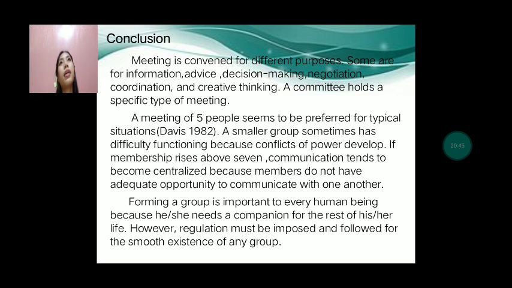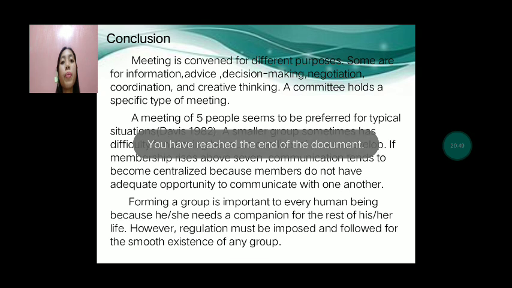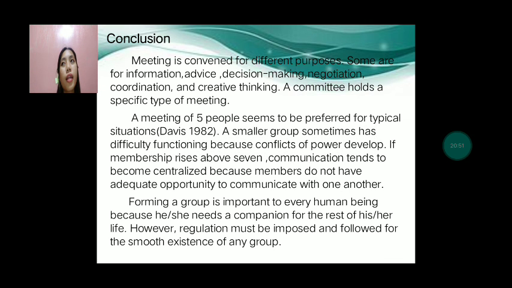So, in conclusion, formal groups po, again, consist of persons who have a common goal or task to achieve.